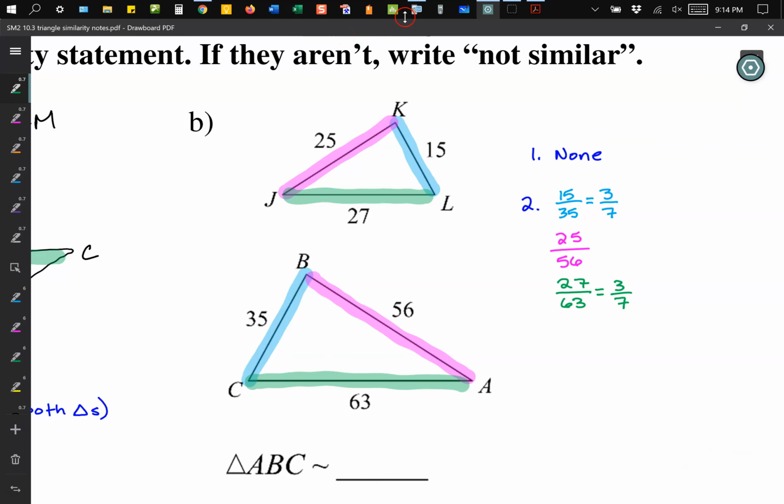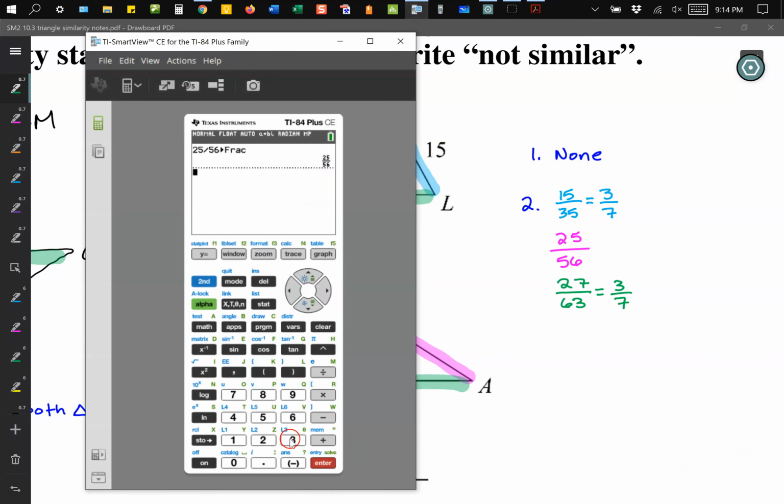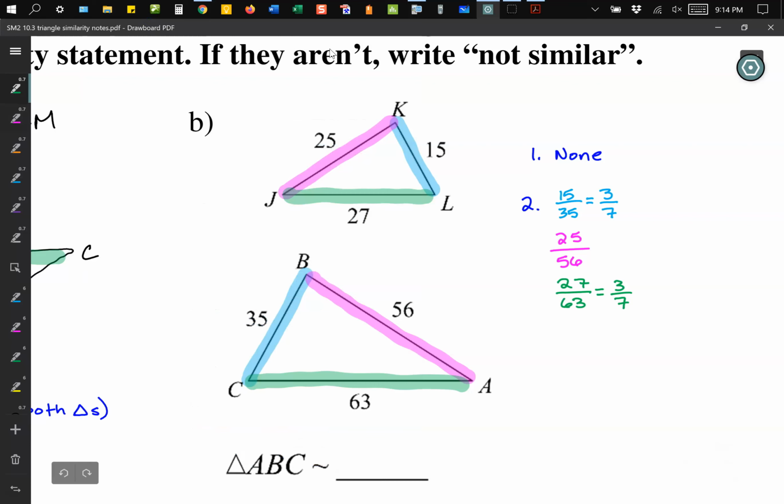You could compare the decimals if you wanted to. 3/7 as a decimal is about 0.429. 25/56 is about 0.446. So these are different decimals. So they all 3 have to be the same.